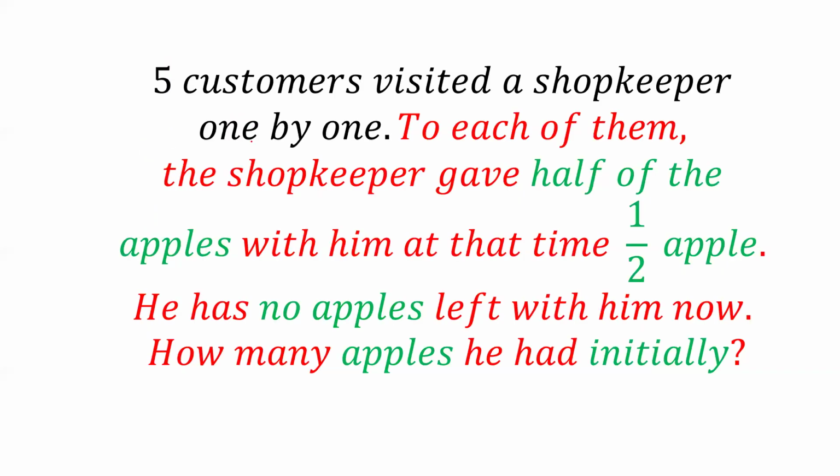So let's see the fifth customer, fourth customer, third customer, second customer and first customer. How many apples were given to the fifth customer so that after giving him the apples, he had none left? The condition is that to each of them, the shopkeeper gave half of the apples with him at that time plus half an apple.